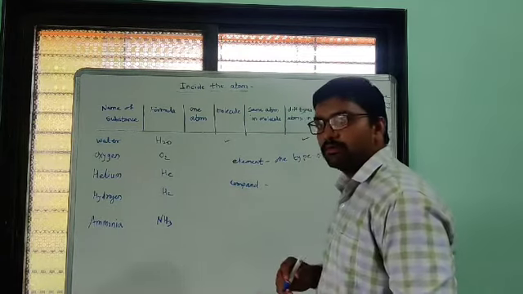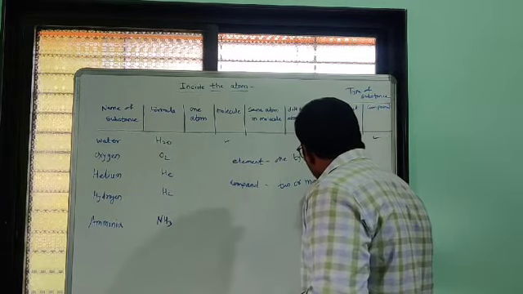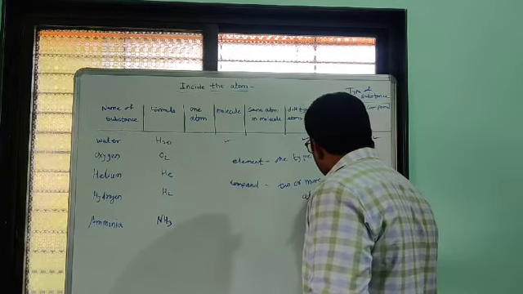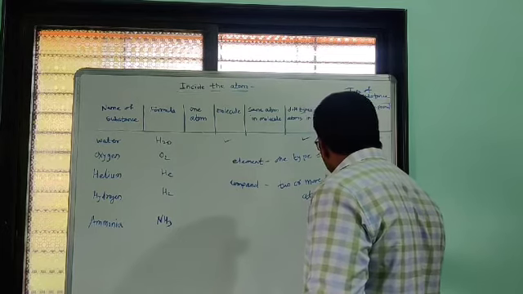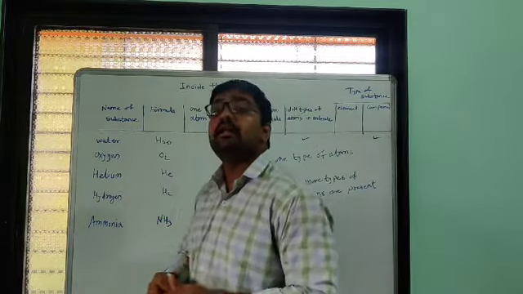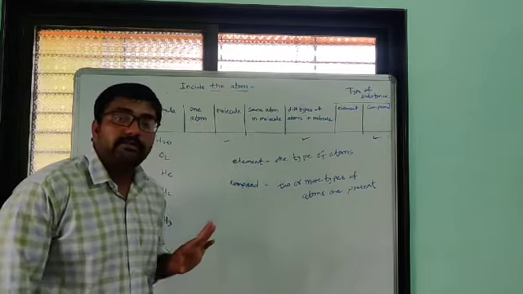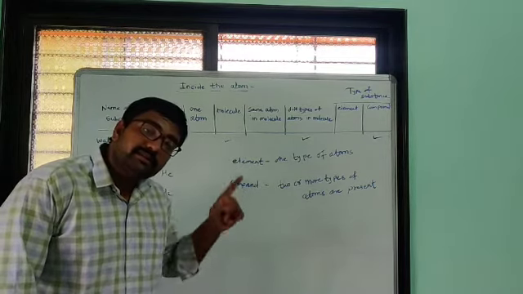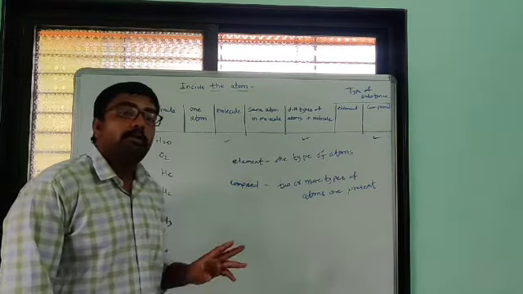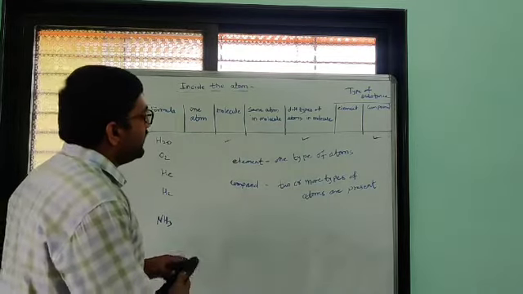Then next is compound. What happens in a compound? Two or more types of atoms are present in a compound. Elements have only one type of atom, and such a substance is called an element. If two or more types of atoms are present in a substance, then such a substance is called a compound.